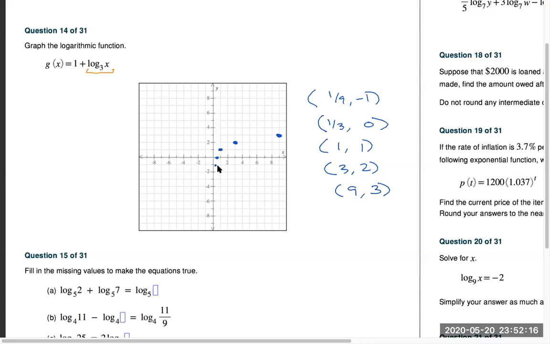And then steep down this way. You're supposed to be approaching the asymptote but not touching it. There's actually a vertical asymptote here.